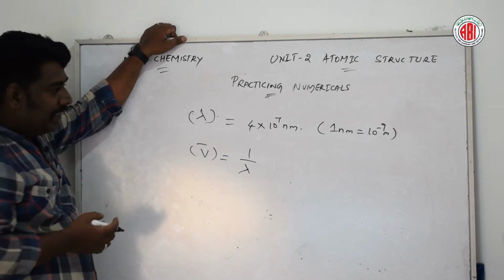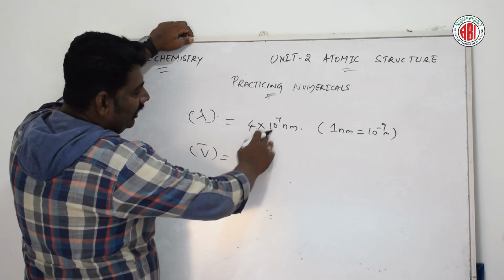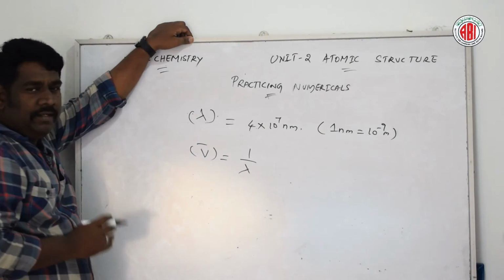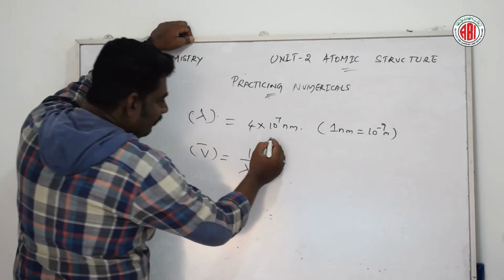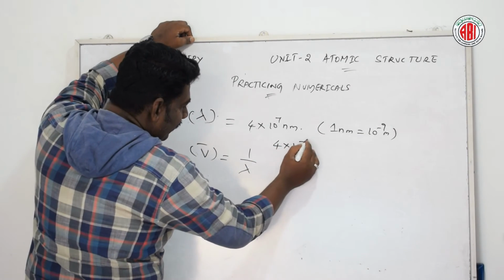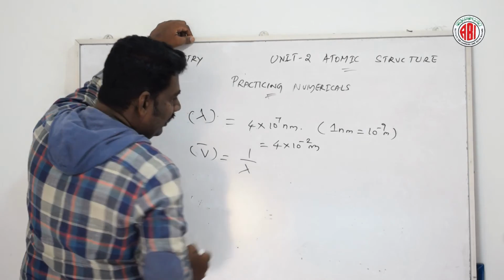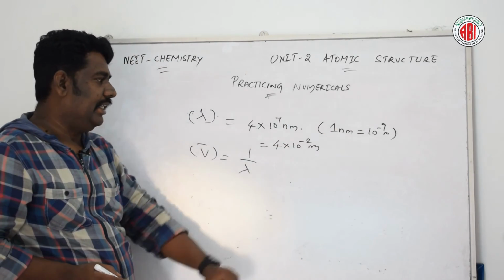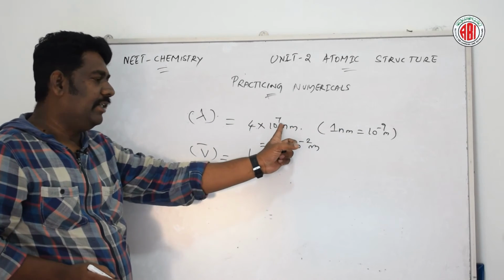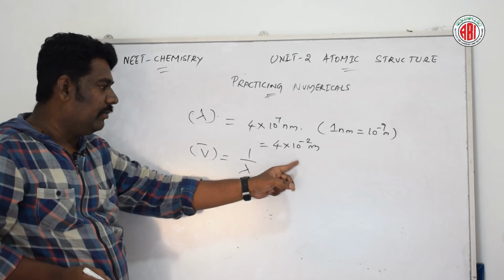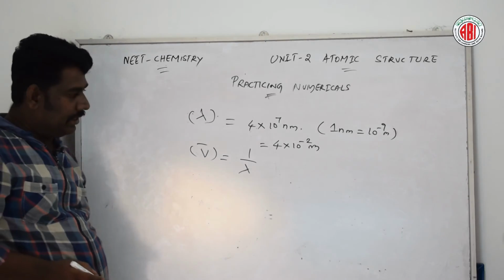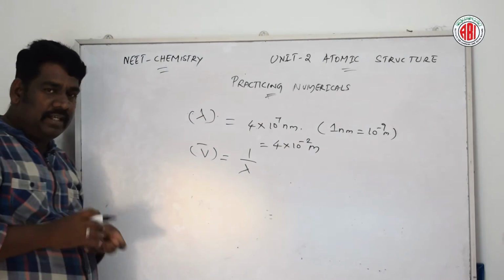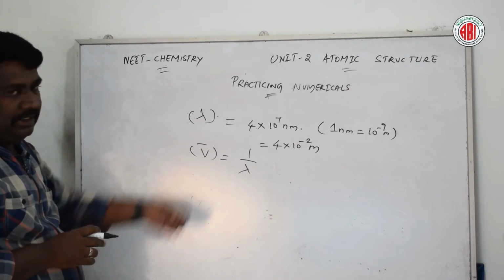So this could be converted into meter: 4 into 10 to the power of 7 nanometer, converting into meter, is 4 into 10 to the power of minus 2 meter. 1 nanometer is 10 to the power of minus 9, so minus 9 added to 7 gives 10 to the power of minus 2 meter. So we have converted into meter, and we have got the wavelength.